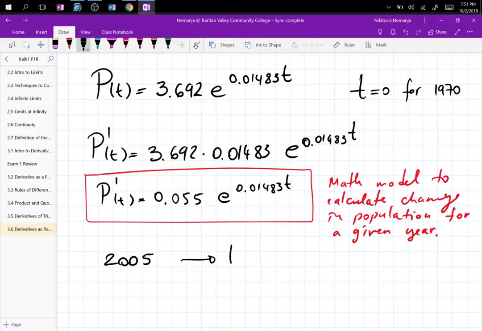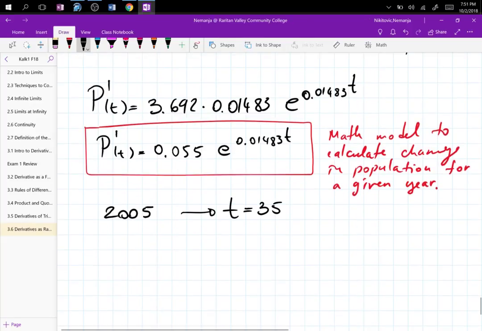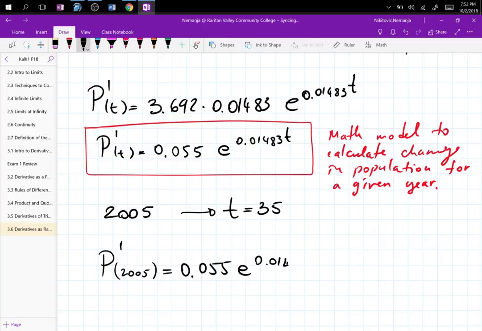Well, that's t equals 35, because it's 35 years after 1970 and our model is centered at 1970. So population added in 2005 is going to be 0.055 e to the 0.01483 times 35.